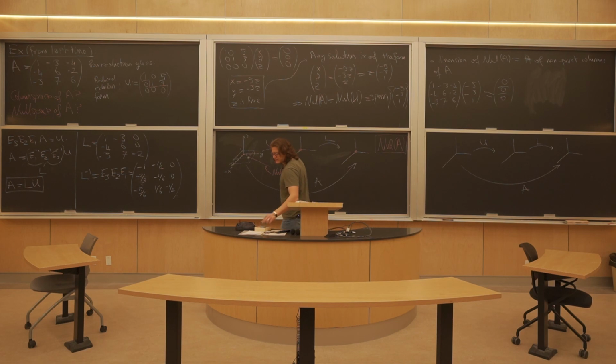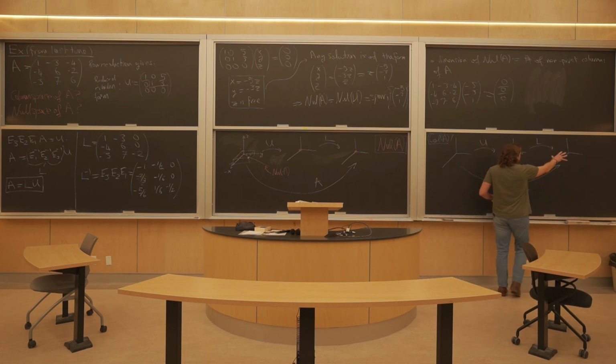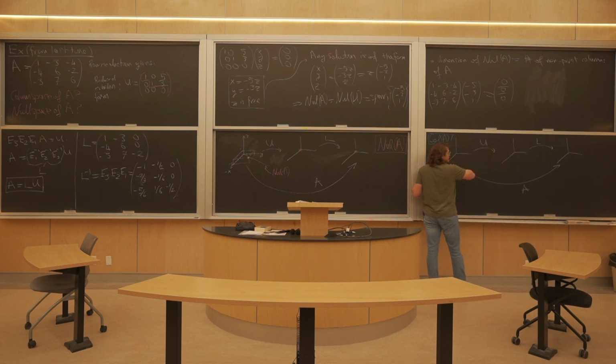So now this is the column space. Last time we discussed how the column space is really the span of all columns of A. In other words, it's really all those vectors in the output that come from somewhere here.